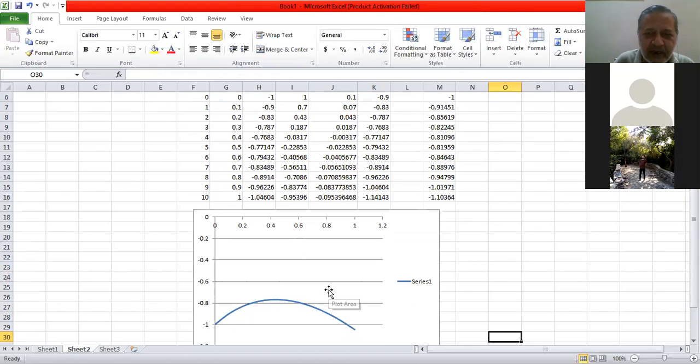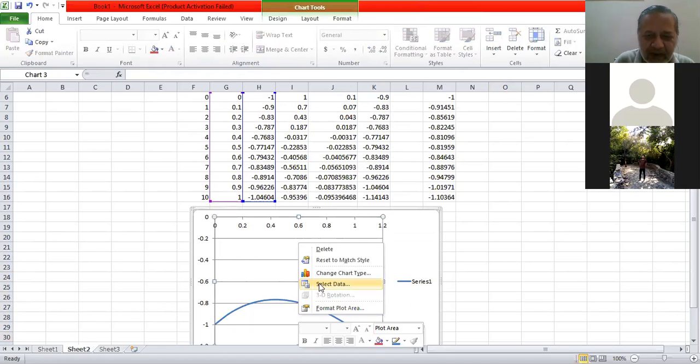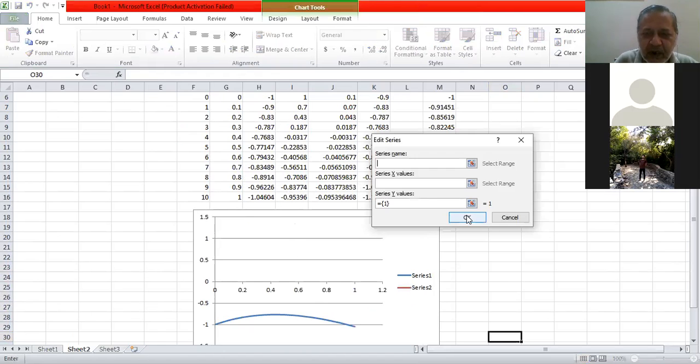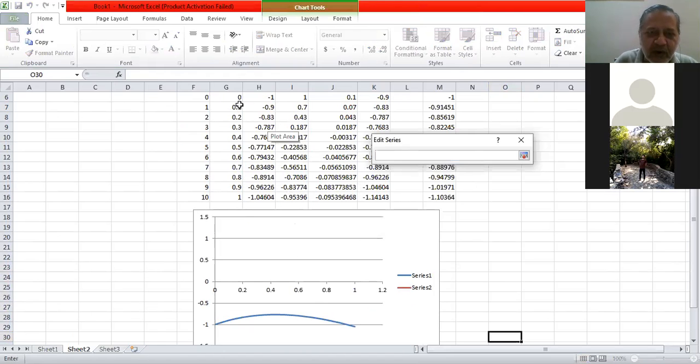On the same graph let me plot these x values and these y values which came from the exact solution, and let us see whether we notice any difference or not. So we select data, add a series to this graph, taking x values from here and y values from here.